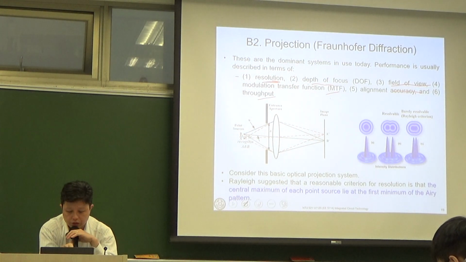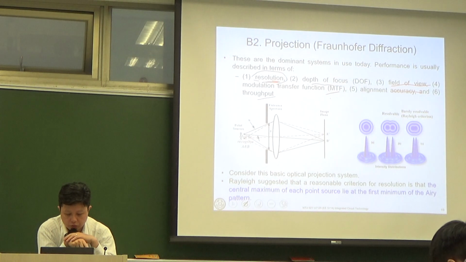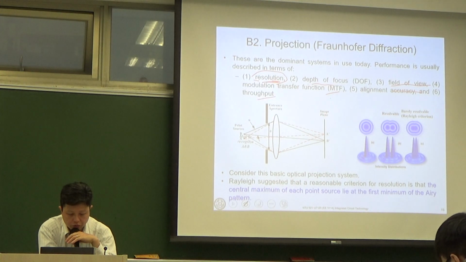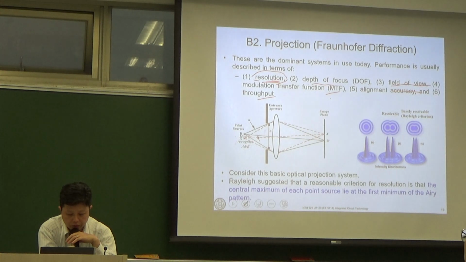Okay, so the first one is the resolution. So we can explain from these figures here. Consider we have two point sources, A and B. After the light goes through these apertures and is focused by the focusing lens, they will form the image points A prime and B prime on this image plane.